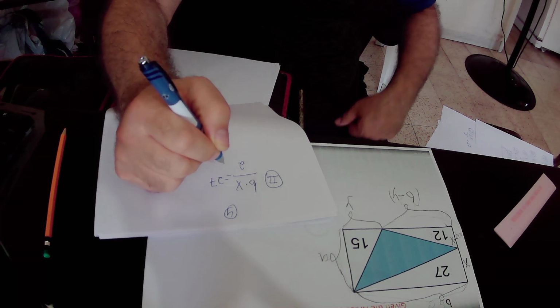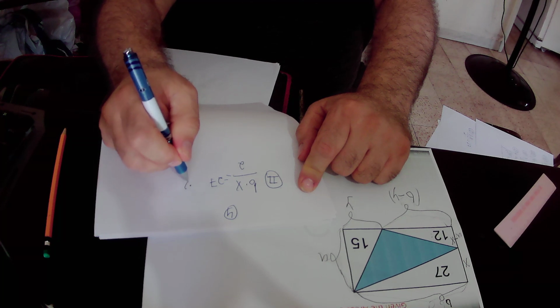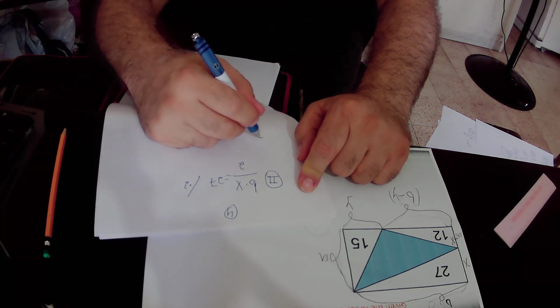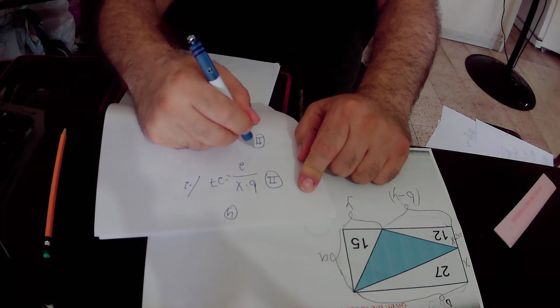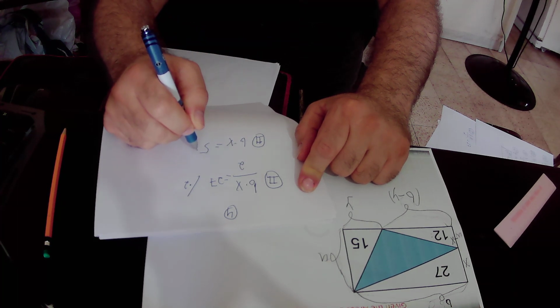We take x out of the second equation. First of all, we will multiply both sides of the equation by 2. We will get that b times x equals 54, because 27 multiplied by 2 is 54.